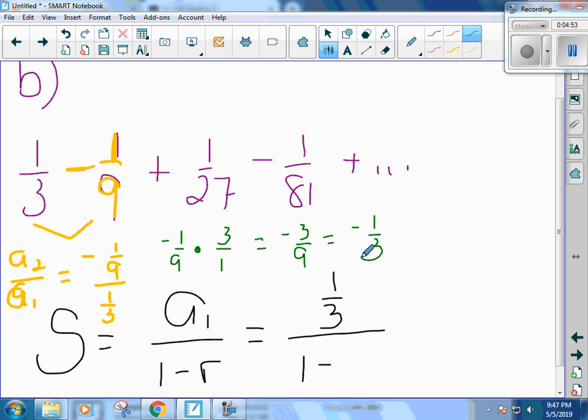If you recognize that in the beginning, you don't have to go through the process of figuring it out, but negative 1/3. Let's keep the negative sign. There's no powers involved, so right away I can take care of that double negative. 1/3 divided by 1 plus 1/3 is 1 1/3, or 4/3.